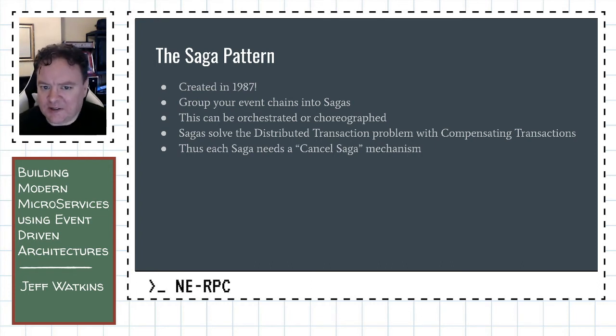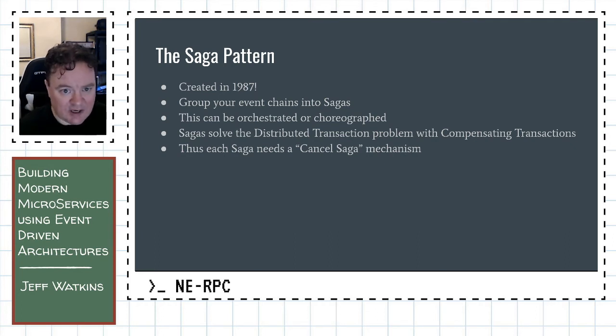It's thought of nowadays as a microservices architectural pattern, but it predates them. It's basically a sequence of transactions, and each service in a Saga performs its own transaction and publishes an event. So it fulfills that atomic requirement of microservices. The other services listen to the event and perform their next local transaction.